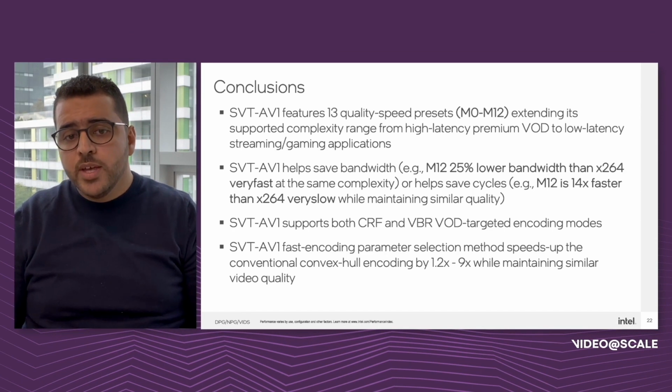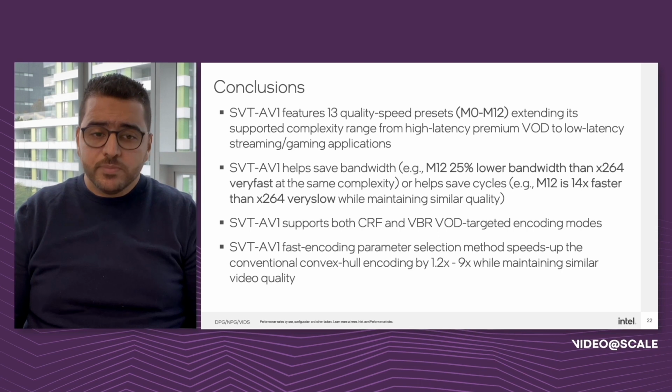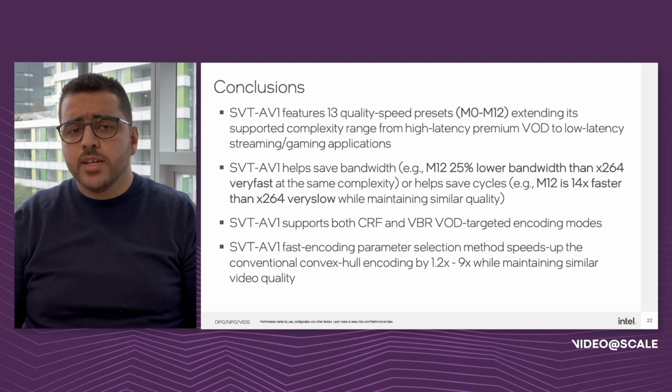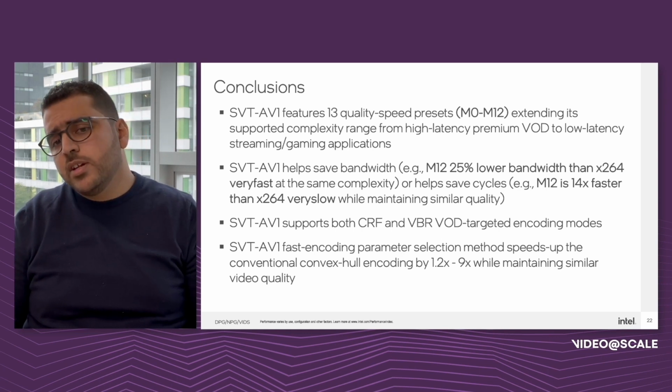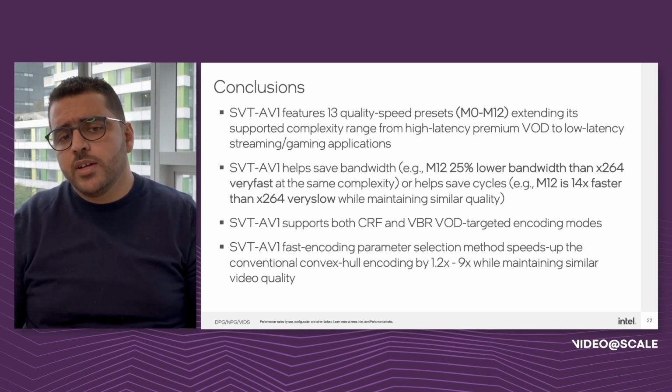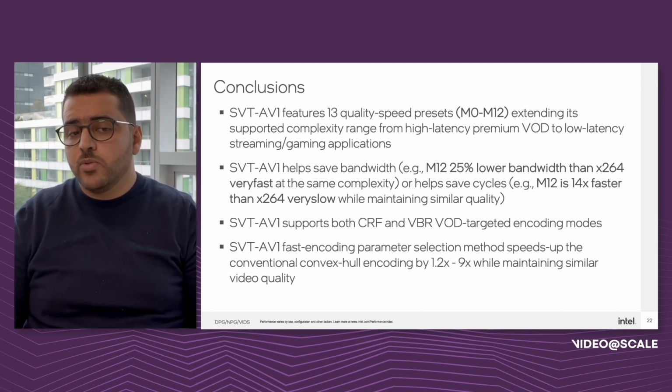SVT-AV1 supports both CRF and VBR in VOD-targeted encoding modes, and using fast encoding parameter selection for convex hull encoding, we see with SVT-AV1 a speed up of 1.2 to 9x while maintaining similar quality.